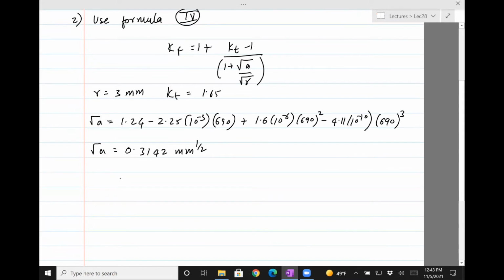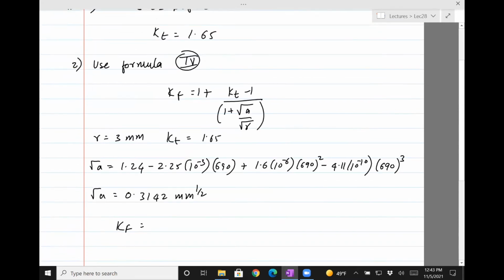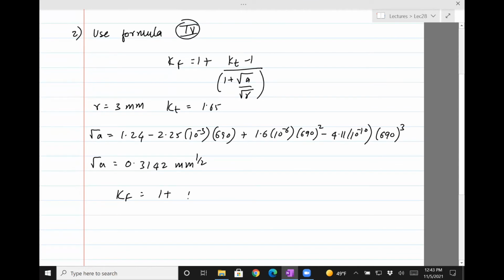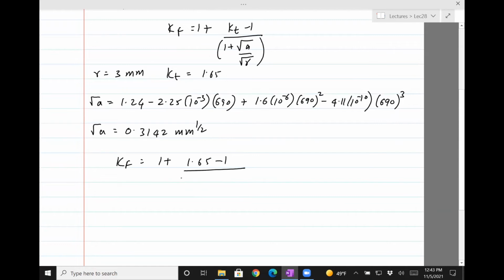And since R is 3, we have Kf equals 1 plus (1.65 minus 1) divided by (1 plus 0.3142 divided by square root of 3).